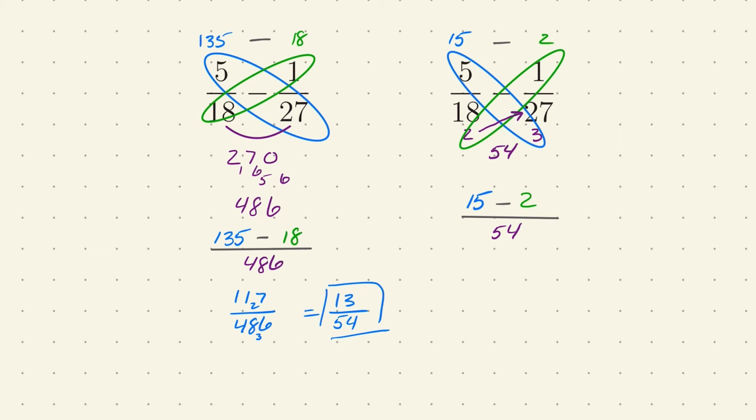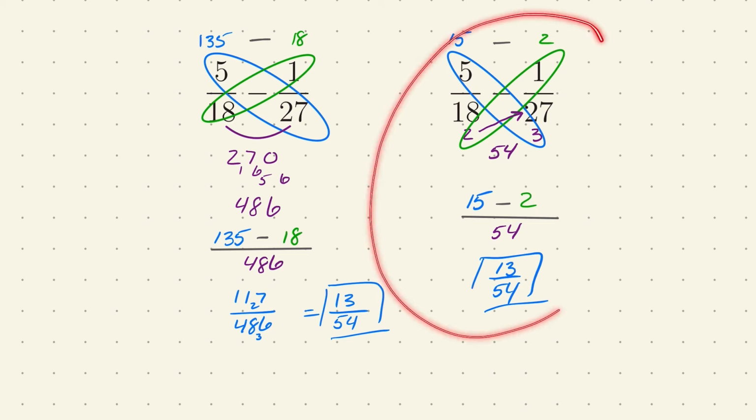So when I do the math, I get 15 minus 2 is 13 divided by 54. All right, so we see here that both of these are the same, right? 13/54.